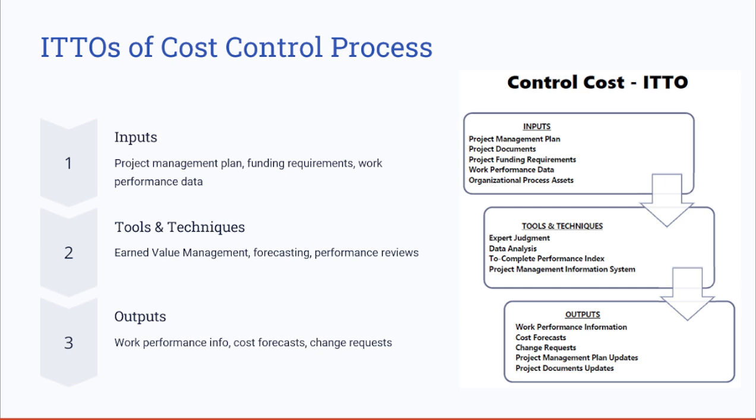Here we have the work performance information, which is useful information comparing the planned and actual costs, cost forecasts, and change requests. All of these we are going to discuss in more depth in the next sessions, to understand how these tools and outputs can help you control your project costs in a more efficient way.